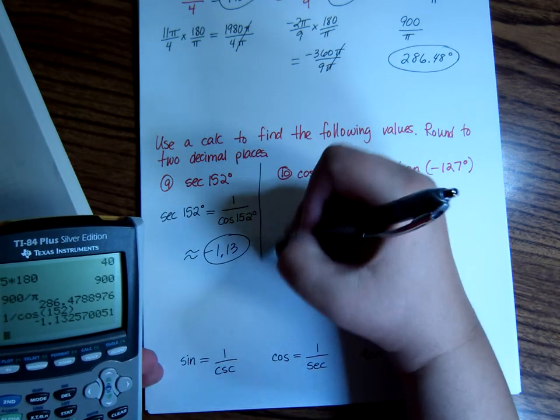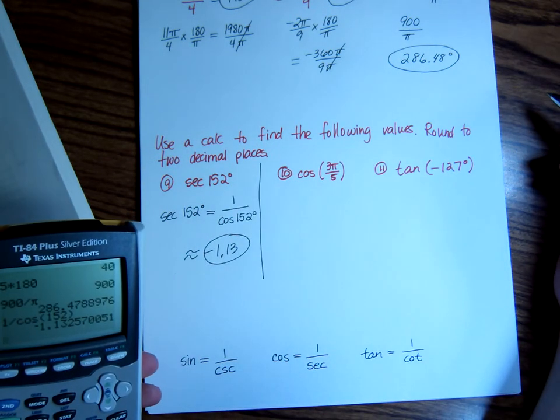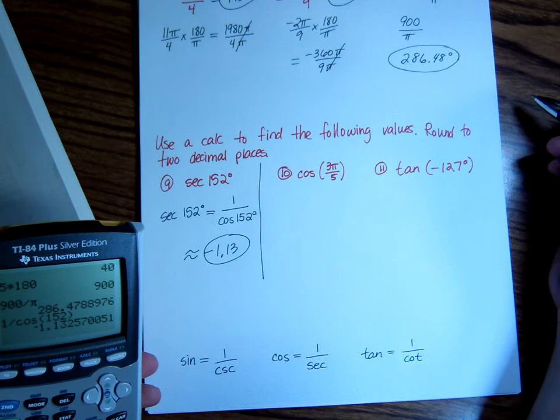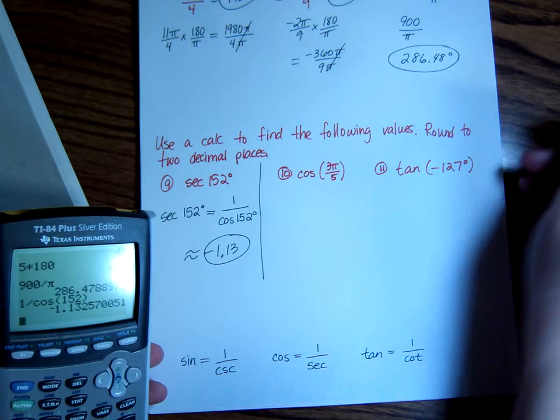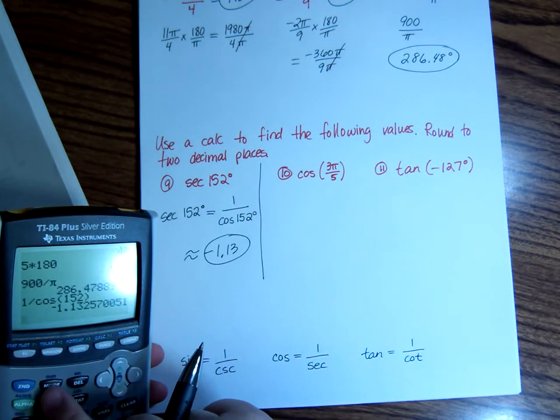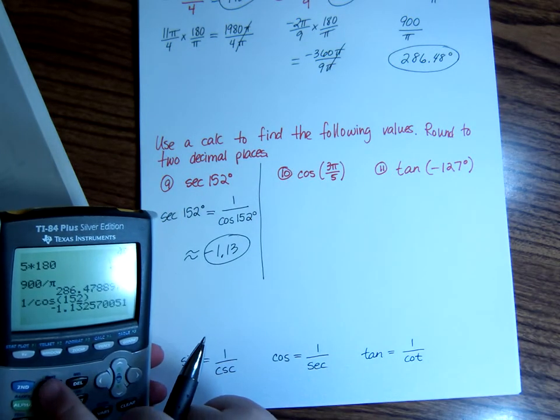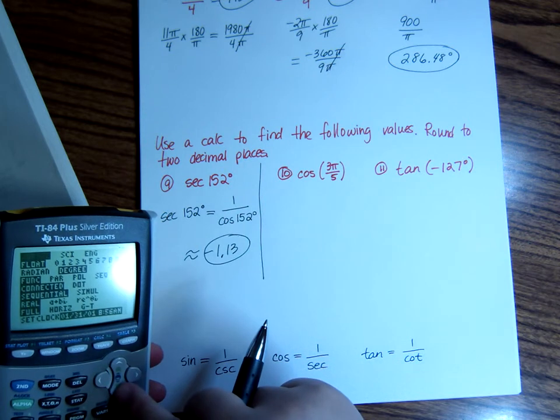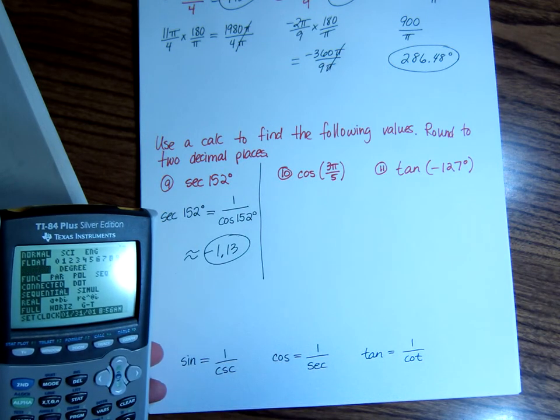Okay, the next one is not in degrees, it's in radians. However, nicely enough, cosine is a button on the calculator, so that's nice. But I have to change my mode right up here, next to second. Mode, radians.